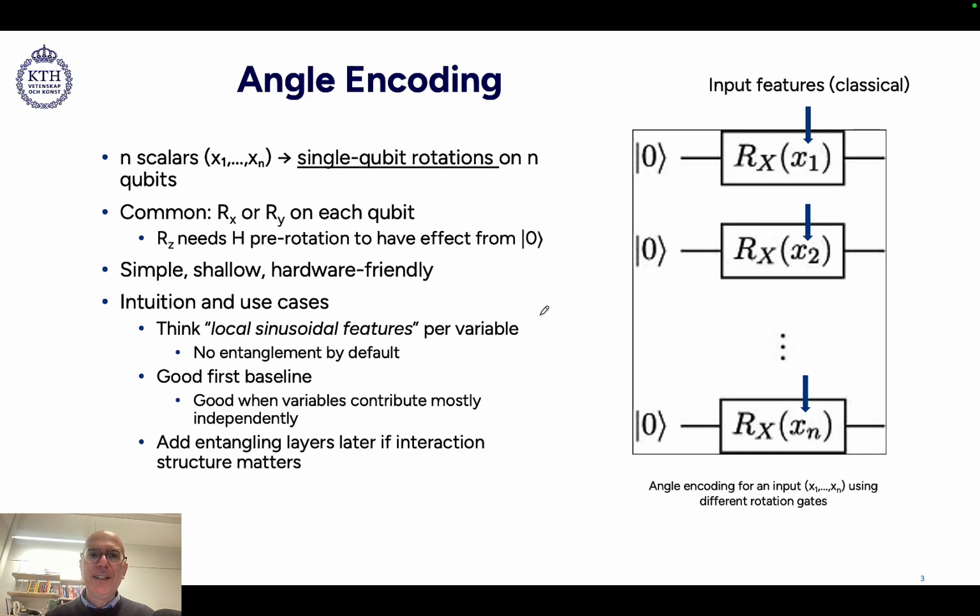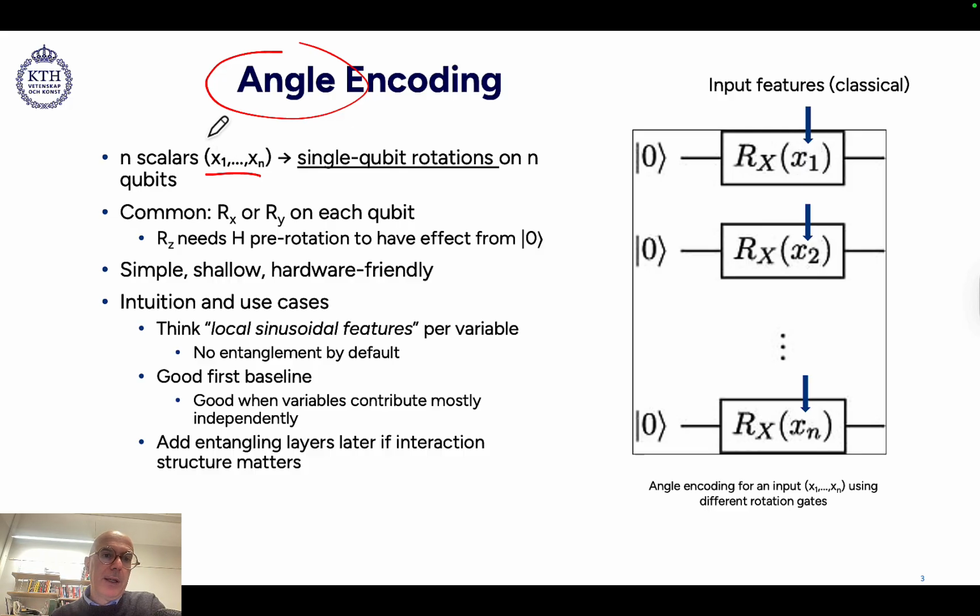So let's start with the first technique for encoding or feature maps, which is called angle encoding. In this case, we have our data set that has n scalars. So our item or our sample in the data set has n as a dimension. So this will be described by a vector of n scalars, one for each feature.